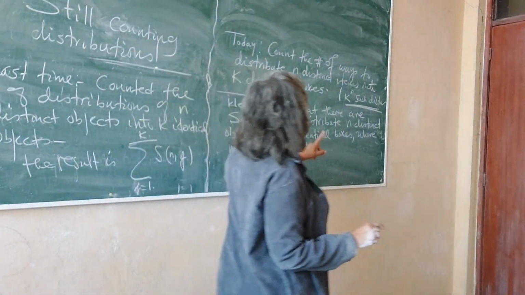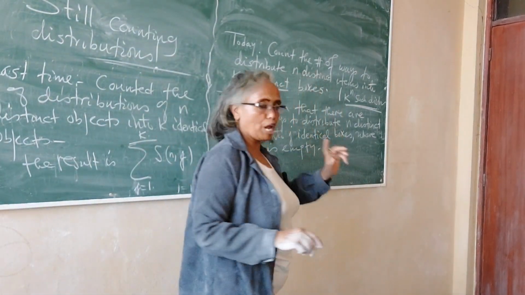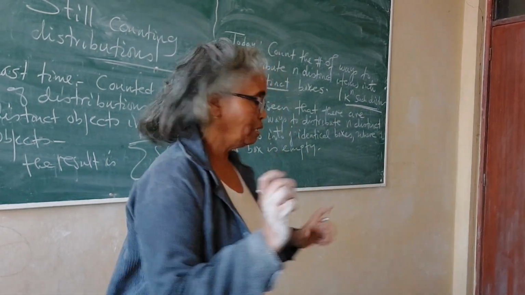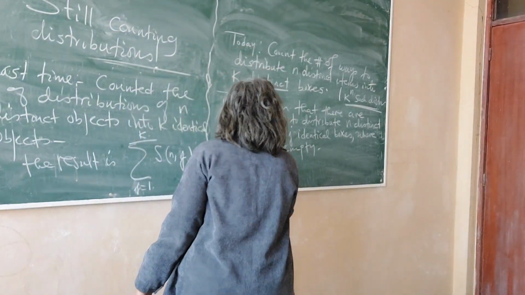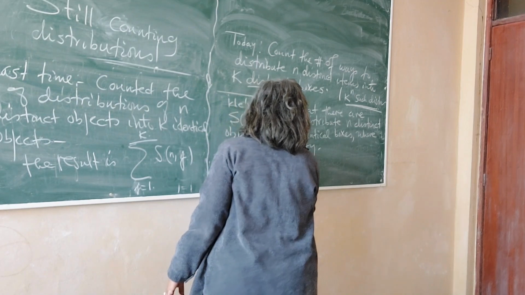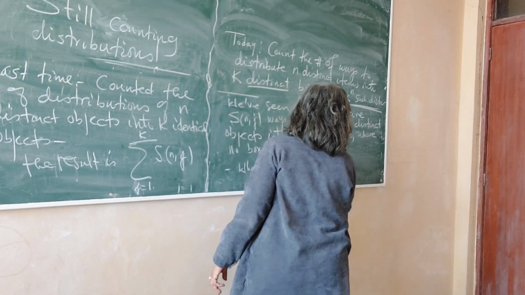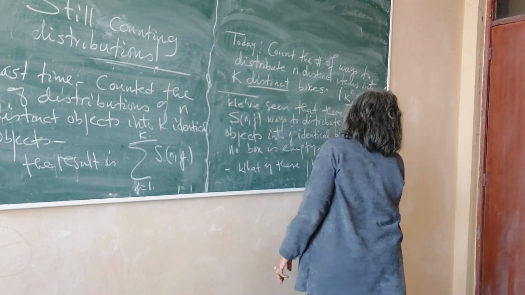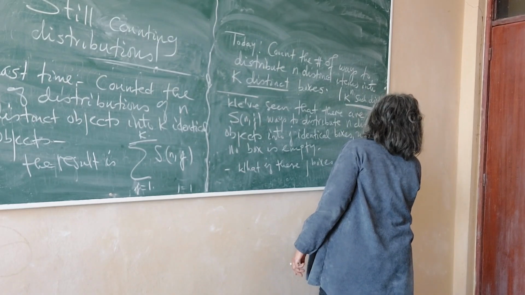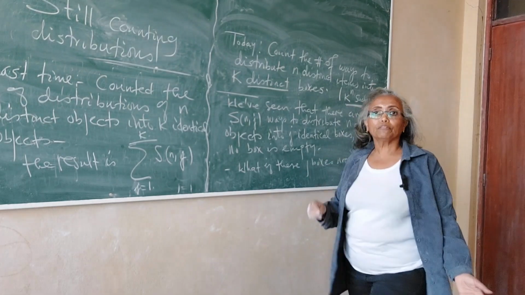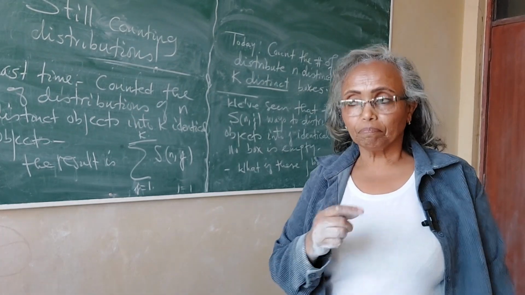Now, what happens if those j boxes are distinct?